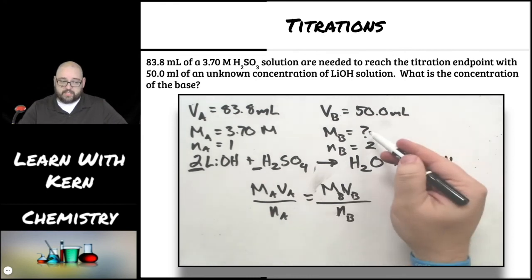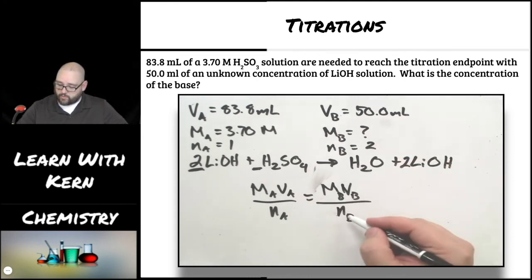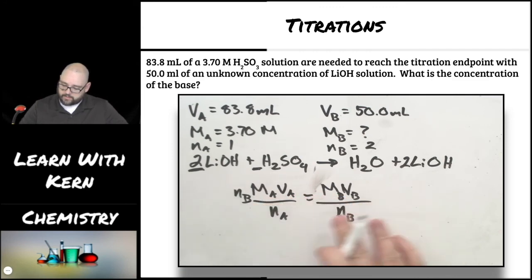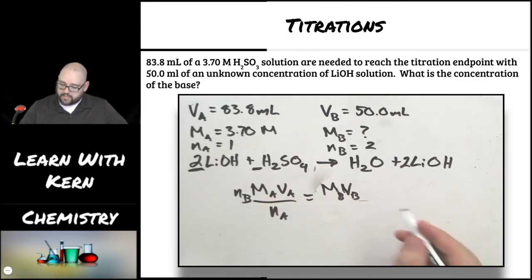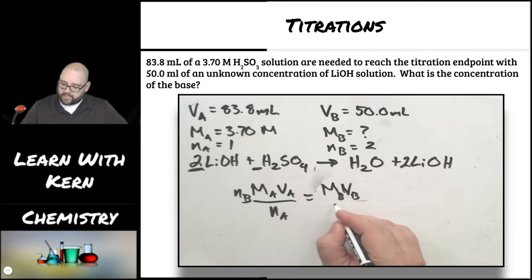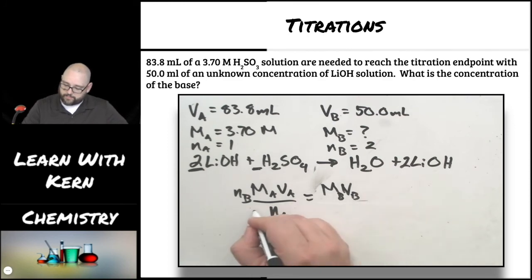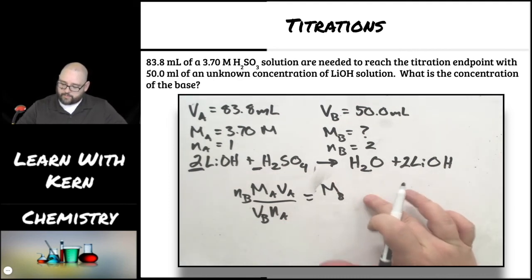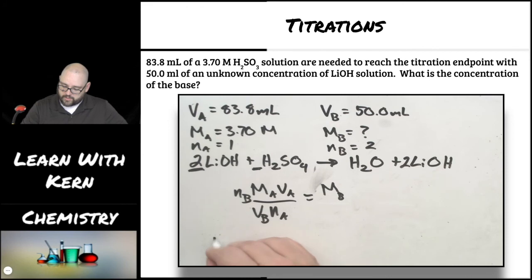And in this case, I'm solving for MB, so I'm going to multiply by NB to get it to cancel out over here. And then I divide by VB, so it'll cancel out here. So my final equation, MB, is MAVA times NB divided by VB times NA.